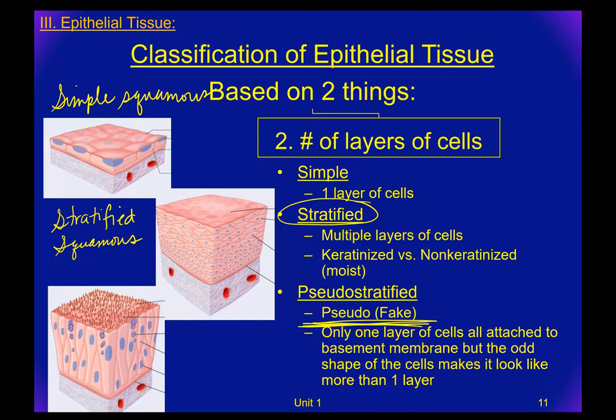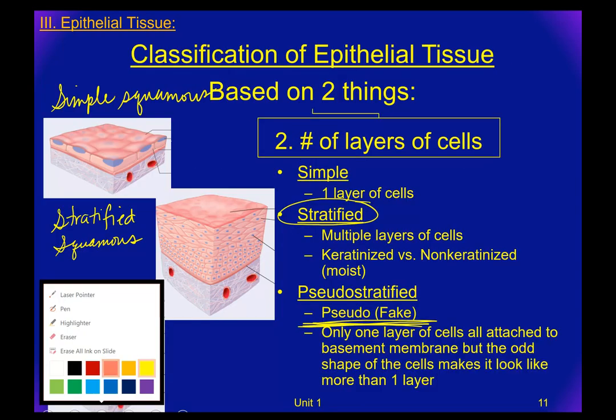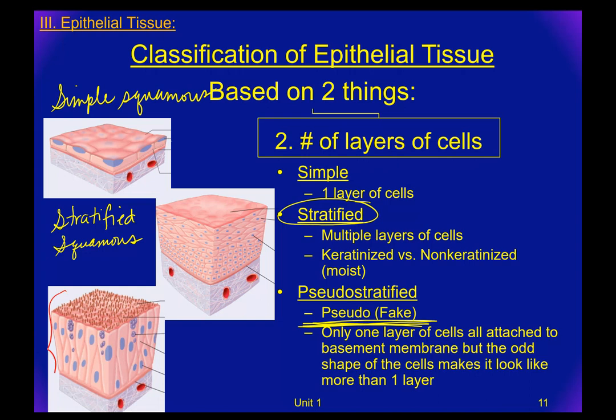So if you look at the example over here, it does kind of look like there are multiple layers of cells, but this is the key to pseudostratified. There is only one layer of cells.